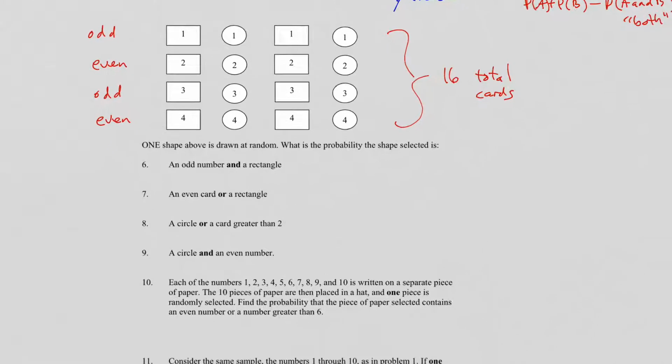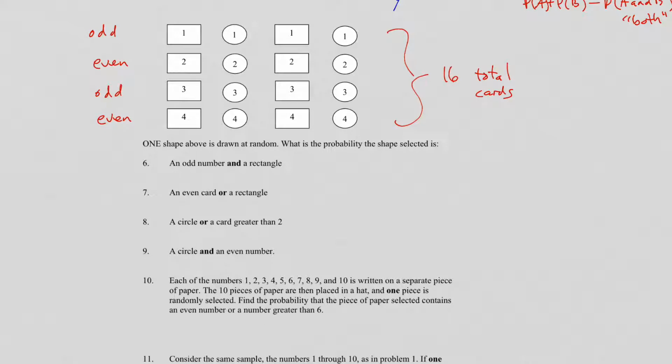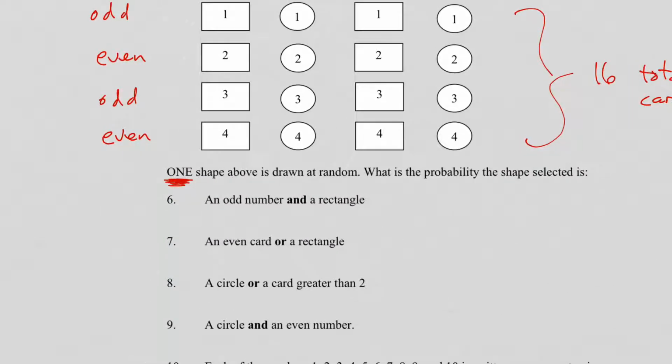Okay, so notice, guys, it says one shape. That's one event. You're picking once, that's it. Even though you see multiple things happening here, it's only one event. So, what does it mean that you can get an odd number and a rectangle?